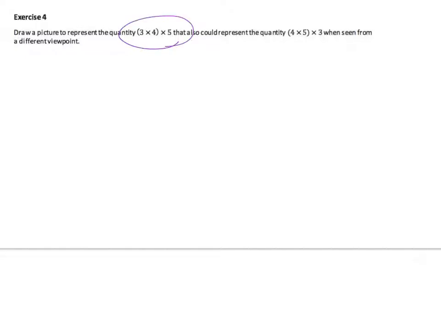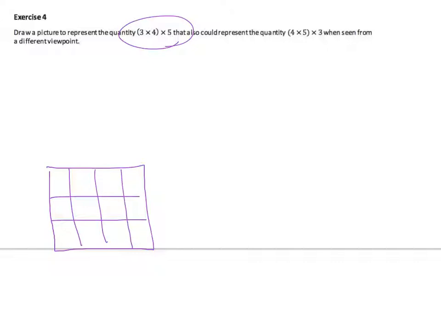Let's try it in purple. 3 by 4, and this is going to be by 5. So I have 3 by 4 by 5.